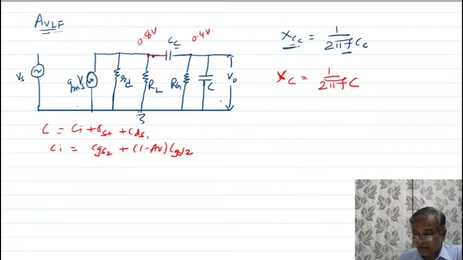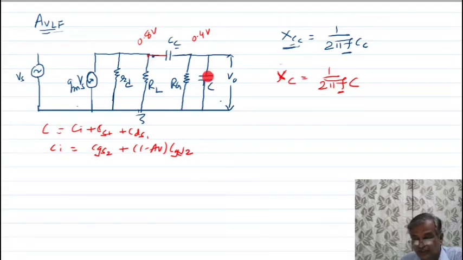At low frequency, this reactance is very high. So this shunt capacitor offers a very high reactance, so no signal will pass through this. It offers a very high resistance to the low frequency, so that signal cannot pass here.